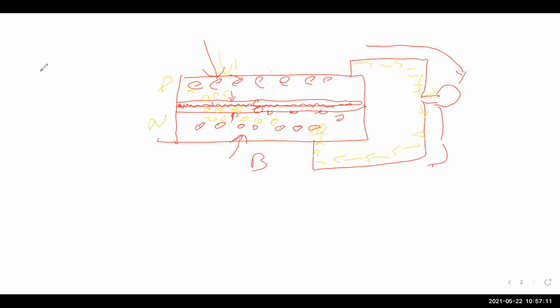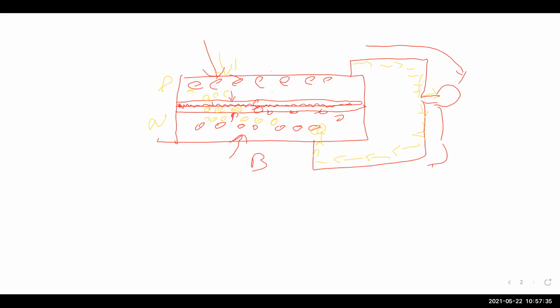Each solar cell is capable of producing 0.5 volt, which is, you know, the silicon breakdown voltage, around 0.58 or 0.6. So this is the capacity of one solar cell to produce. This is a general terminology.